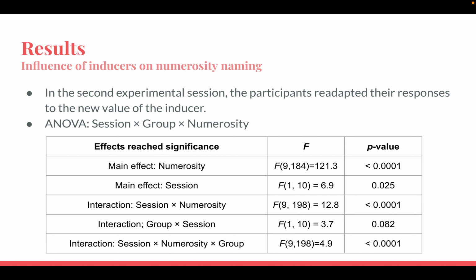More importantly, the interaction between group and session approached significance, and we also observe a strong triple interaction. The latter two effects indicate that participants readapted differently depending on the relative size of the first and second inducers. The participants for whom the second inducer was larger than the first one decreased their responses in the second session, particularly in the large numerosity range.